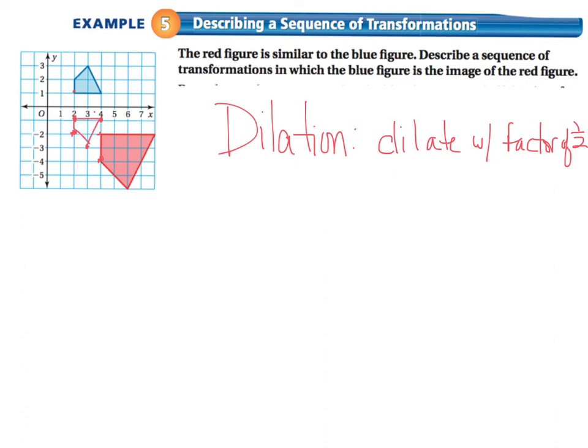So does that look similar? Let me redraw it here. Okay, that's even worse. Let me redraw it again. All right, so there's my figure. So then how would I go from this red figure to the blue figure? Well, you'd reflect it. So we'd first dilate by a factor of 1/2, and then we're going to reflect where?